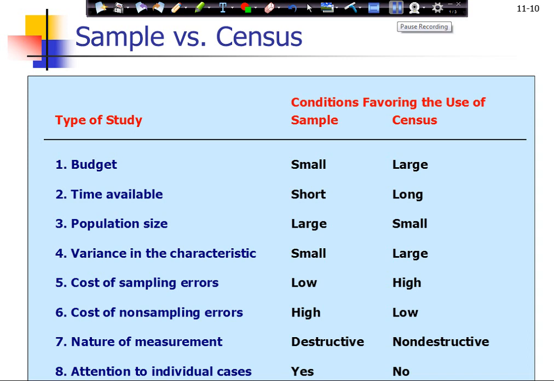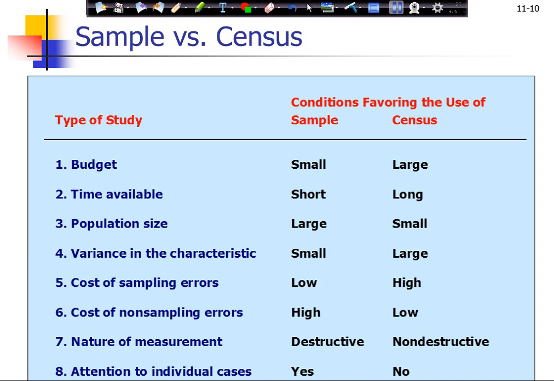So the next criteria of study is cost of non-sampling errors. Again the question is, what is non-sampling error? Sampling error is caused whenever the researcher makes a mistake in selecting the subset which doesn't have characteristics of population.